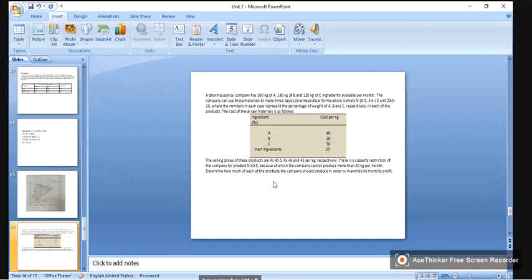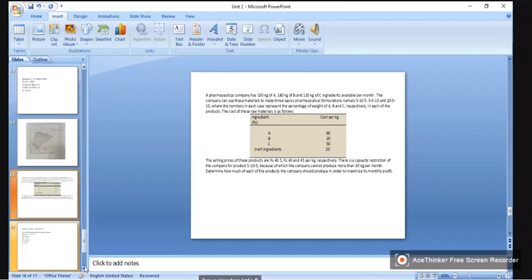After formulating the linear programming problem, we'll see that the number of variables will be greater than 2. For that reason, we will not be able to solve this problem using the graphical method. So we have to go for the simplex method only.